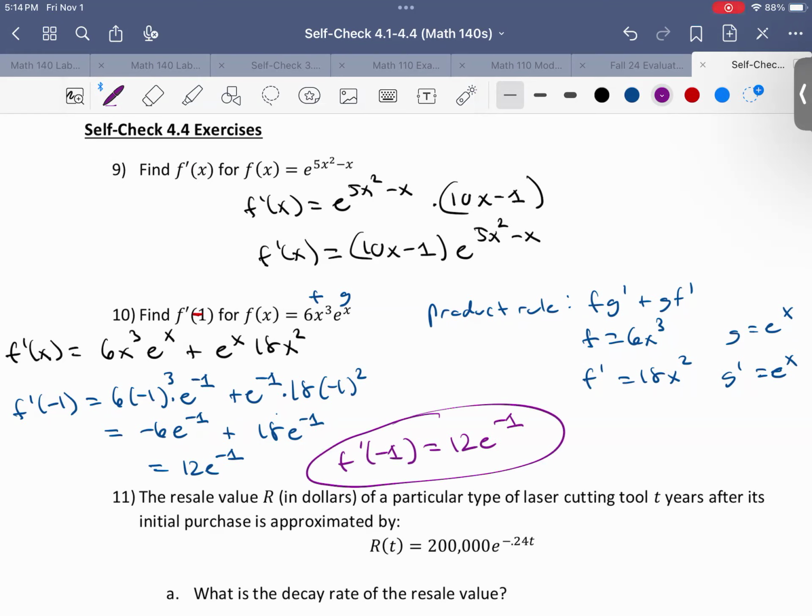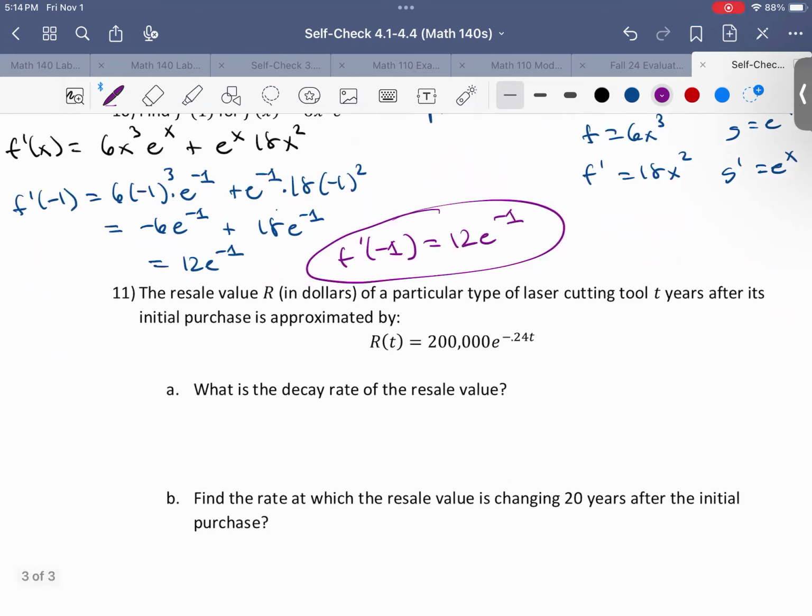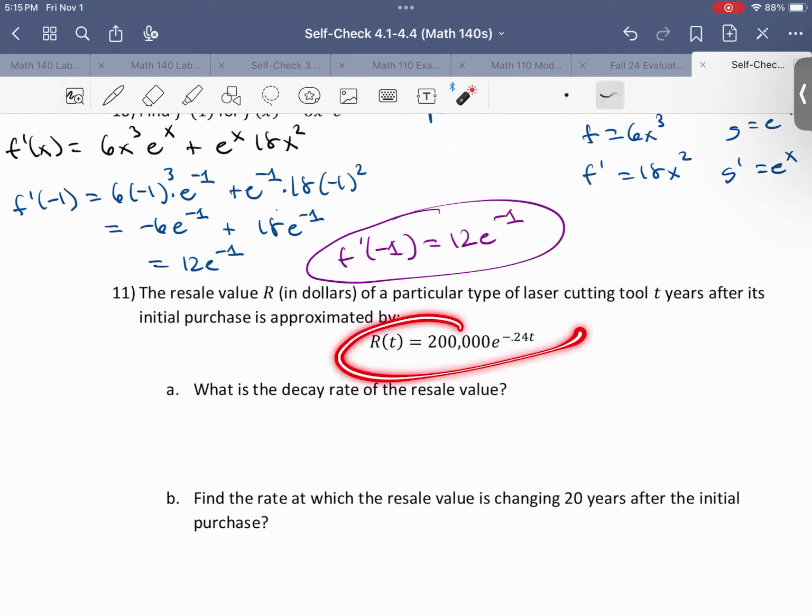Okay, so last question, more of an applied problem using our derivative of exponents. So this says a resale value R in dollars of a particular type of laser cutting tool in T years after its initial purchase is approximated by this function. R of T equals 200,000 e to the -0.24 T. So what is the decay rate of this resale value?